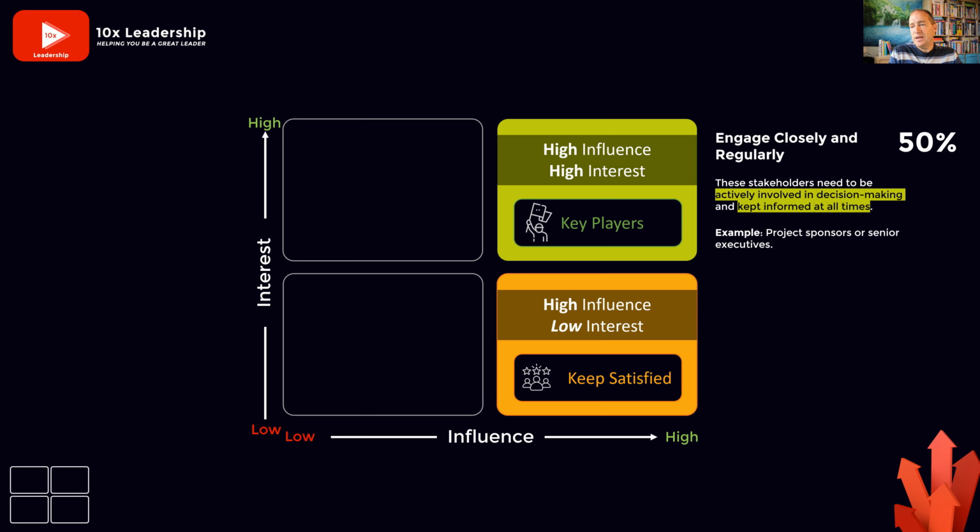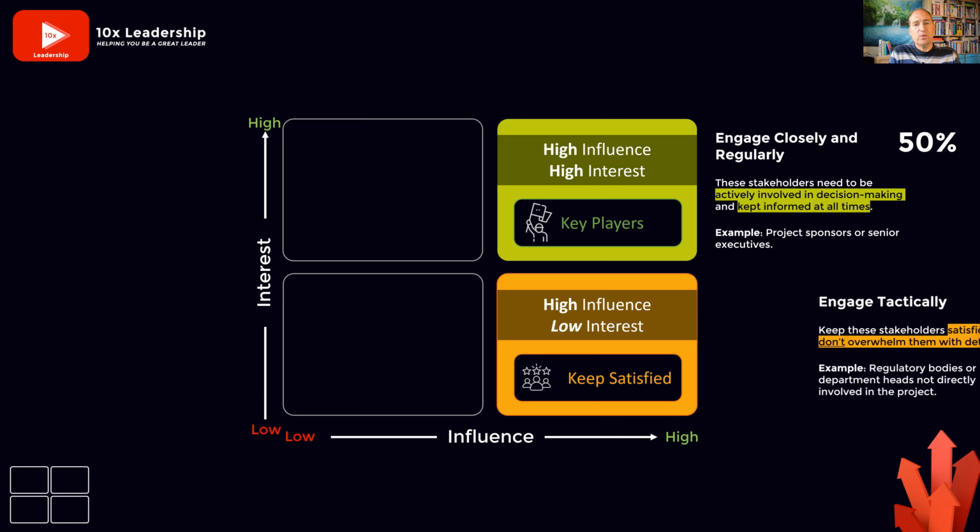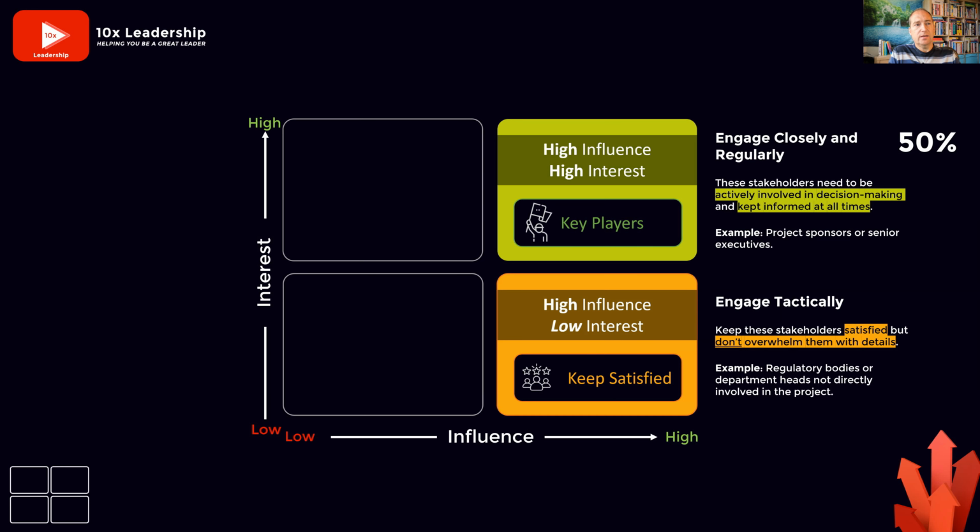They might take the funding away from you, they might deprioritize it. So if the thing that you're doing is important and is the right thing to do, you want to keep them satisfied. And in order to do that, you want to engage with them tactically. You don't want to overwhelm them with detail, because remember, they're not very interested in what you're doing.